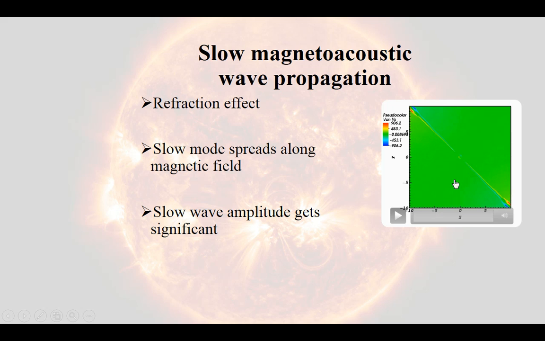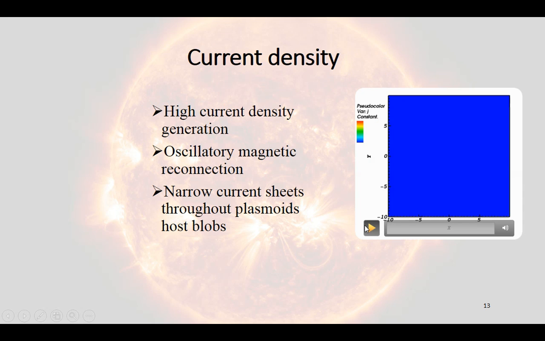And it's interesting that the slow wave has a significant amplitude. Since the slow mode has a dominantly acoustic property, amplification of the slow wave could result in plasma heating. That's interesting. And here we have the current profile.